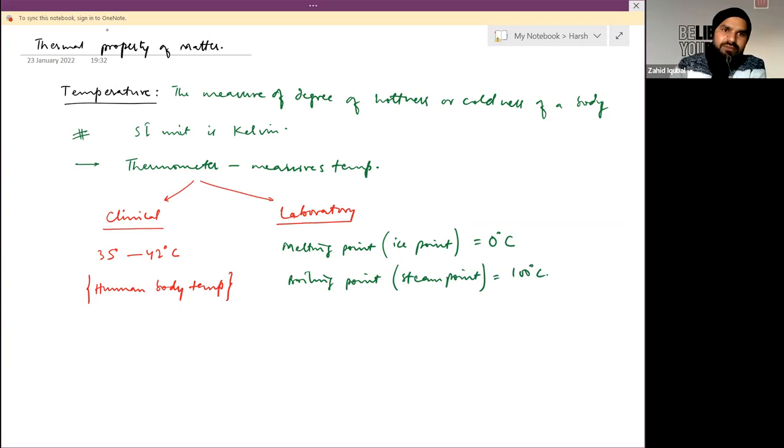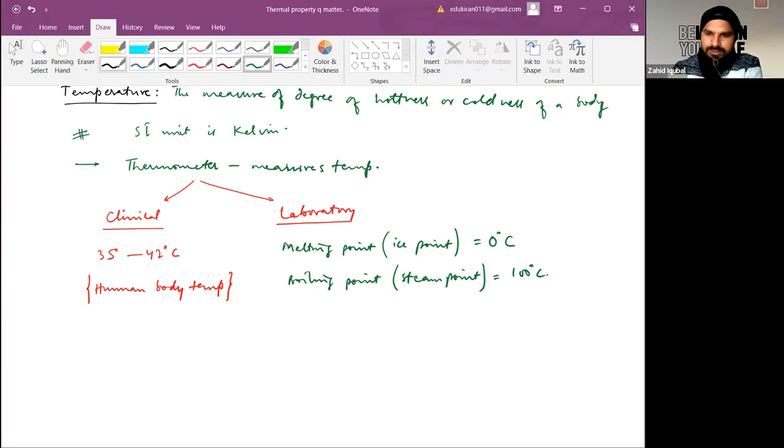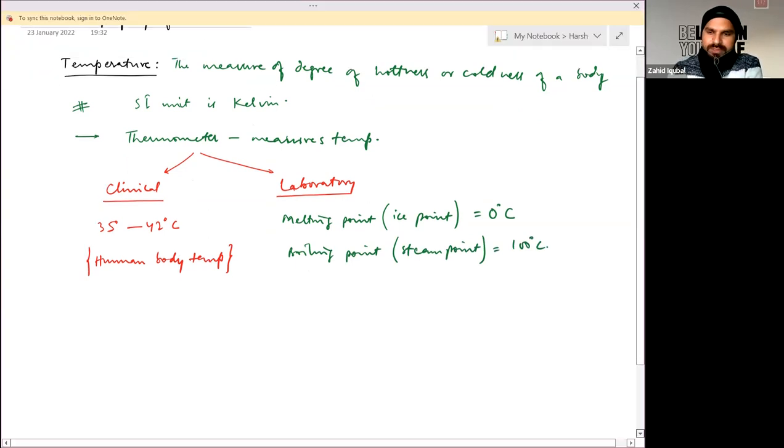We have to define on what principle this laboratory thermometer is based.